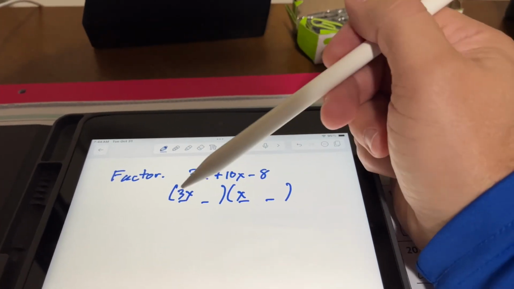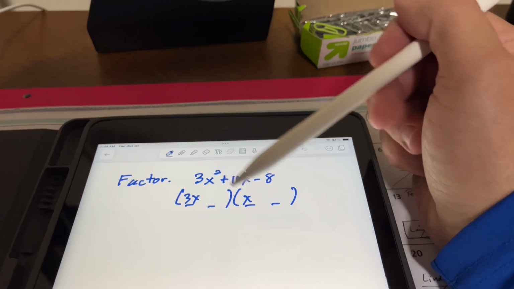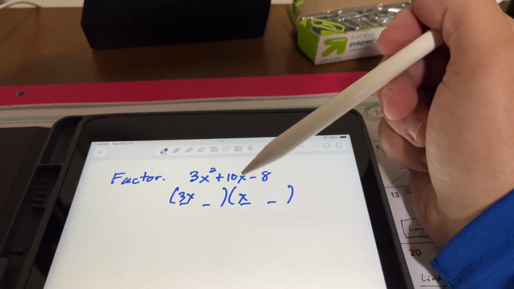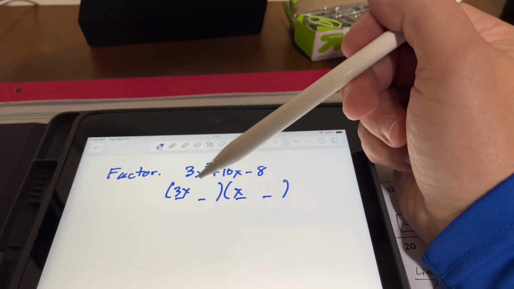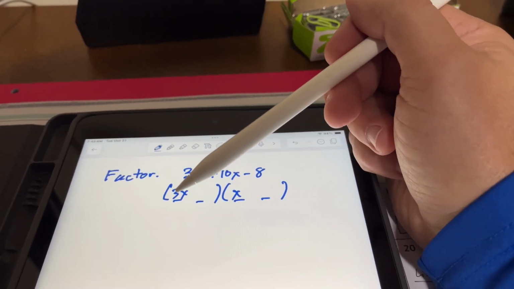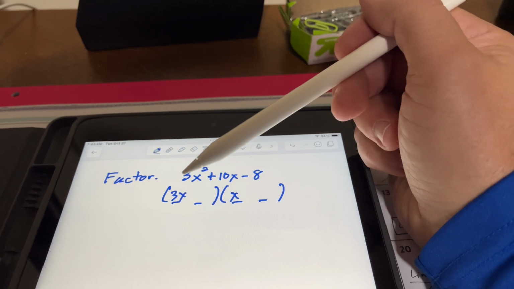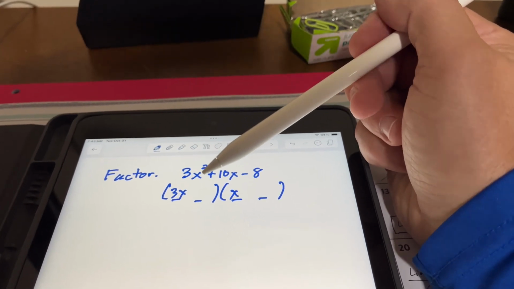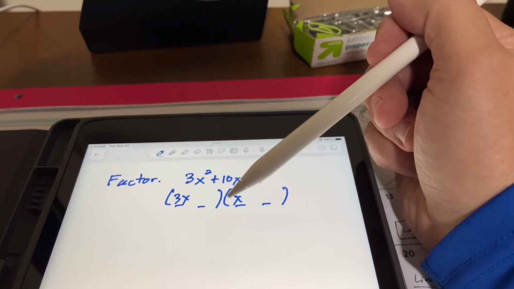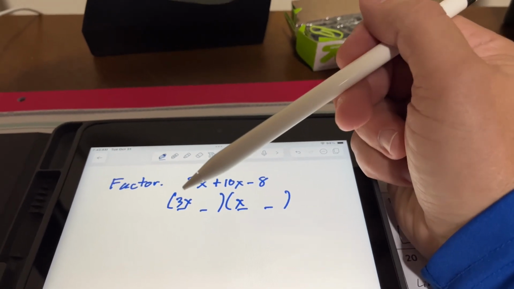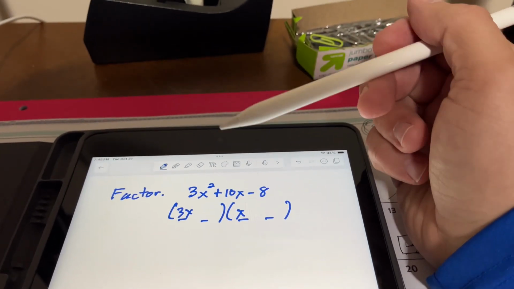And what we're doing is we're kind of doing the inverse of the FOIL method. So I'm guessing some things here, and this is not too hard of a guess because it's the only thing that works to get 3x squared. So 3x and x. And so this times this is that. So I'm certain about those terms.